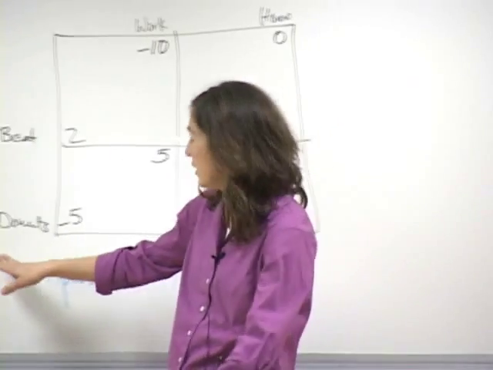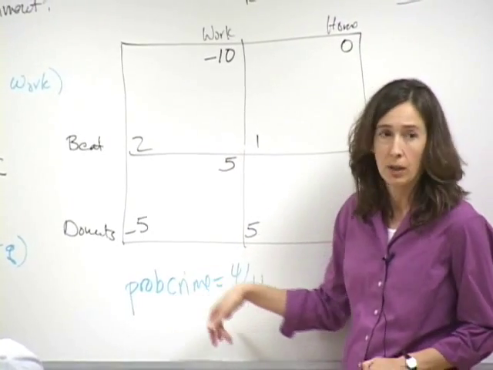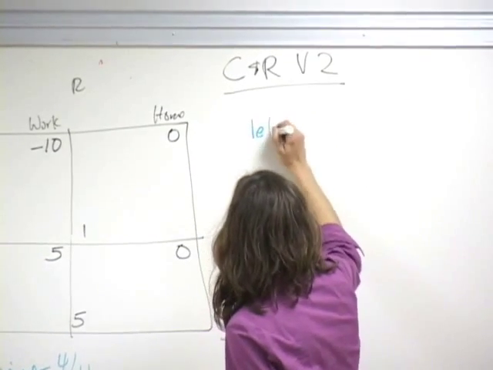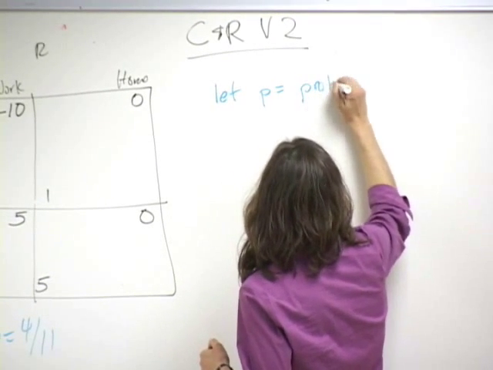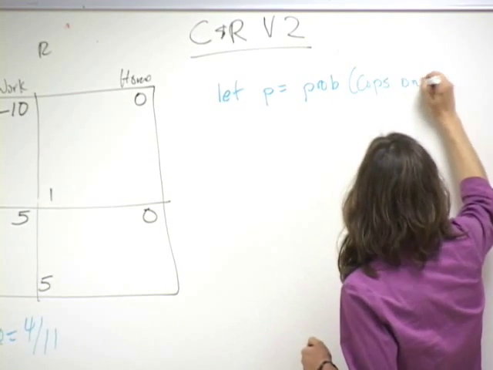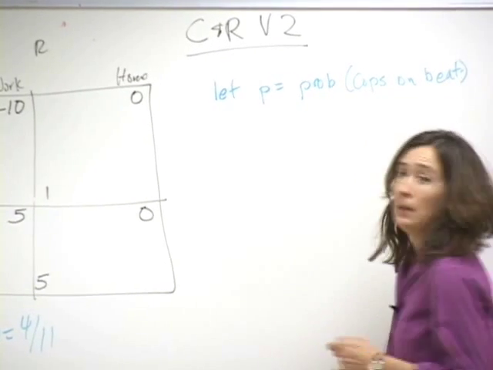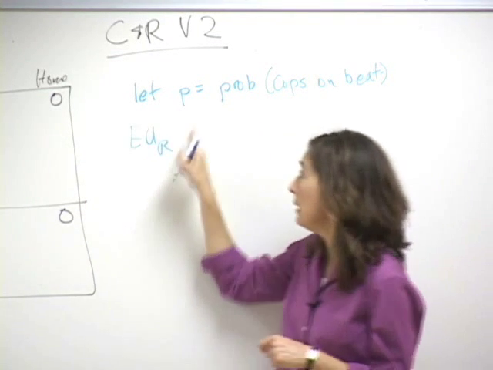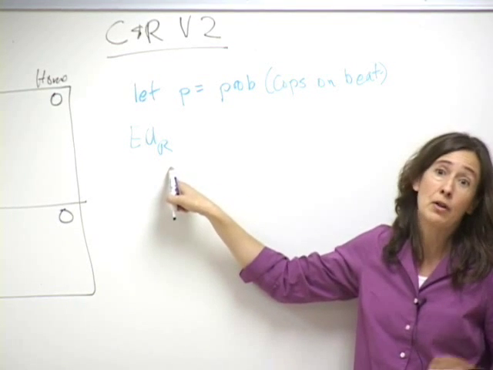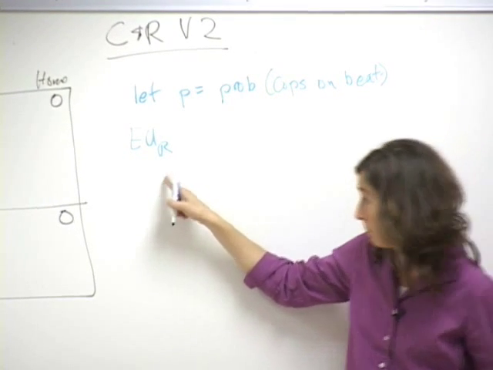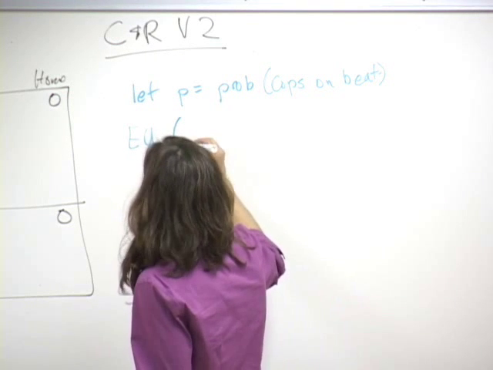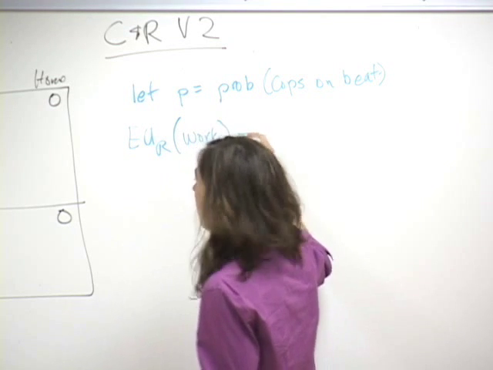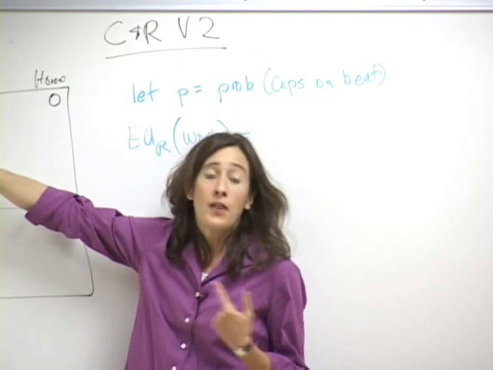Okay? So let's go through the other half of the Nash equilibrium calculation here. The robber's payoff is the same, but let P equal the probability the cops are on the beat, same as before. Now, P has to be the probability that makes the robbers indifferent between their two pure strategies. So, the expected utility to the robbers of being at work is, now we've got a new number here.